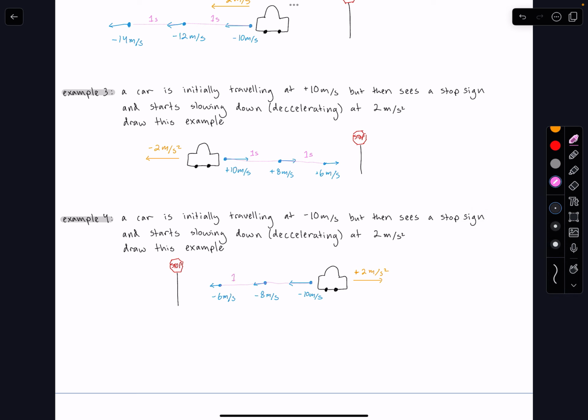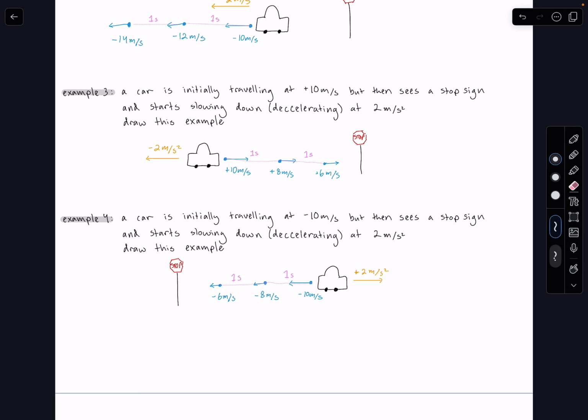So this is 1 second and 1 second. So as it's going to the left, it's slowing down every second. It decreases by 2 meters per second because it's accelerating in the opposite direction, which means it's decelerating.